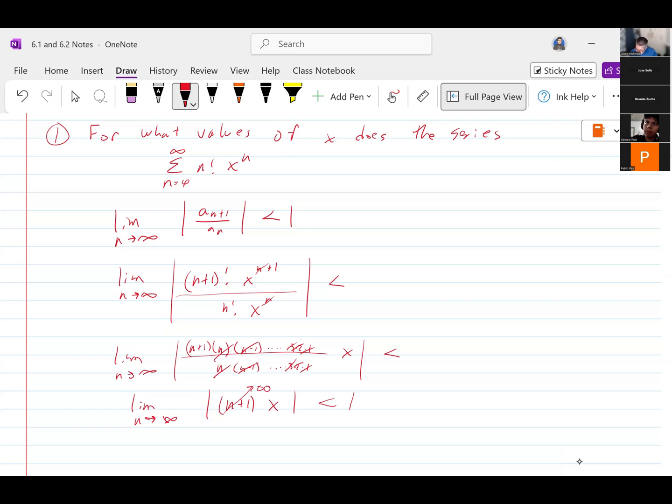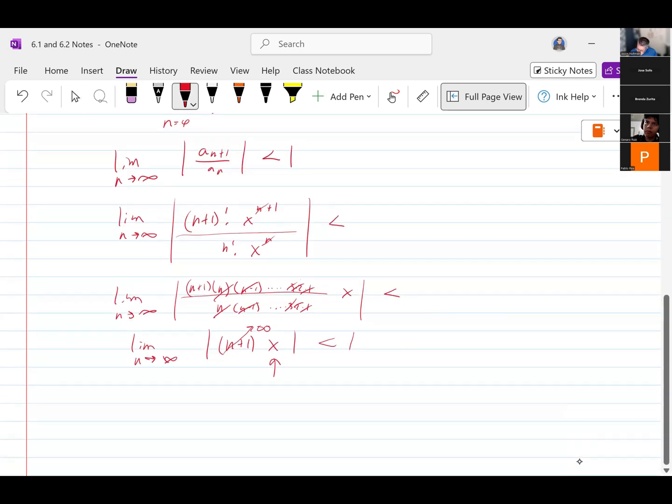The only time that this thing would converge is if x is 0. That's kind of the trivial case. So if x equals 0, then the series converges. Otherwise, it diverges.